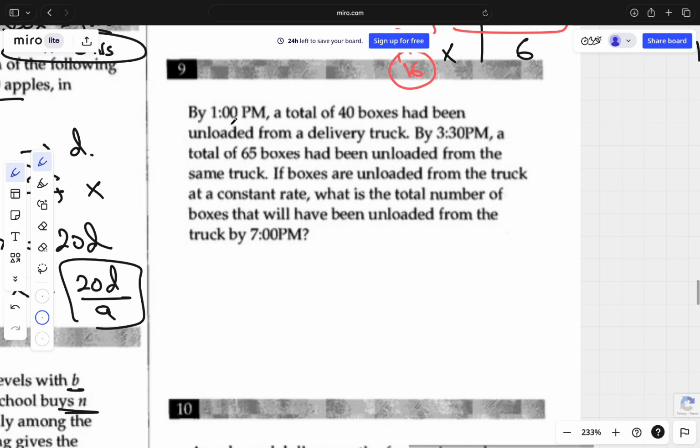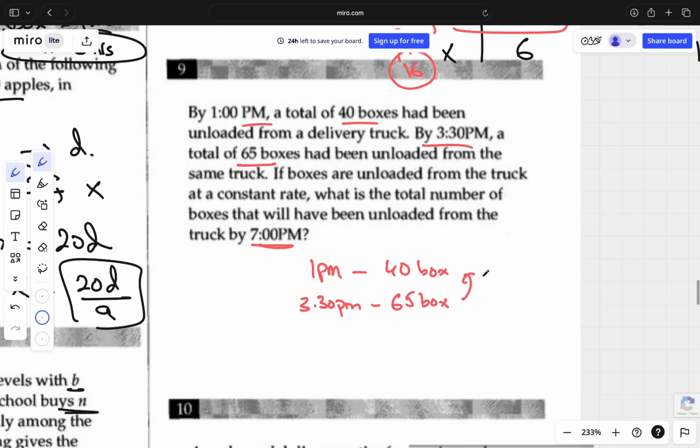Okay, question 9, it says by 1 p.m. a total of 40 boxes had been unloaded, and then by 3:30 p.m. a total of 65 boxes had been unloaded. So we need to find the number of boxes that have been unloaded from the truck by 7 p.m. So at 1 p.m. 40 boxes, and then at 3:30 p.m. it is 65 boxes. So we need to find the number of boxes per hour.